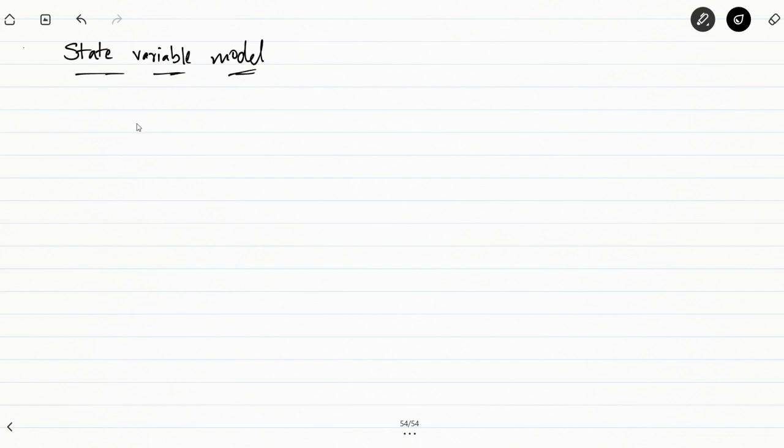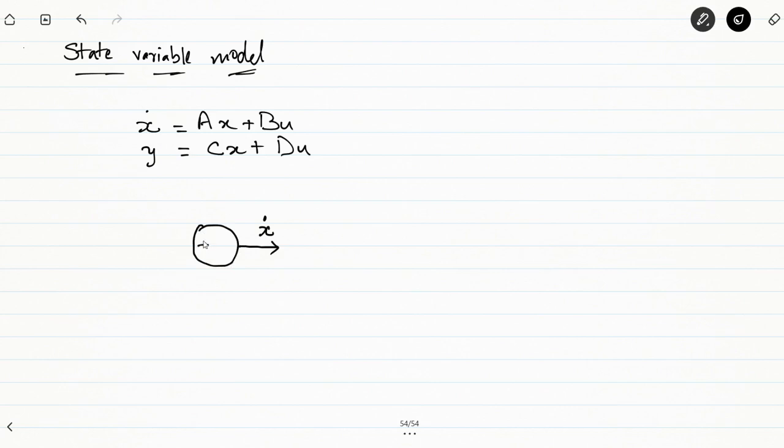So the equations that represent a state space model are x dot equal to Ax plus Bu. These are all equations in time domain. y is equal to Cx plus Du. So if we were to represent these two equations using a block diagram method, we can say if you have a signal x dot, x dot is the summation of two signals.